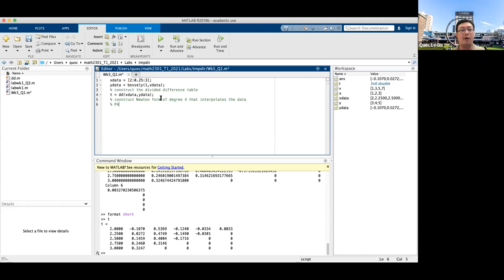So P4(x) will be f(x0), plus the divided difference of x0, x1, times (x minus x0), plus the divided difference x0, x1, x2, times (x minus x0) times (x minus x1), and so on.